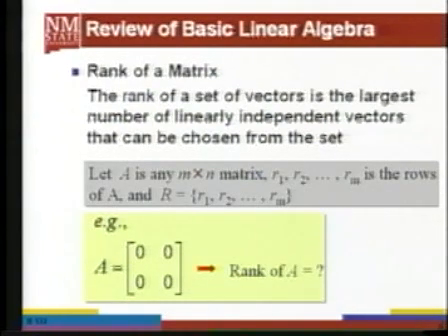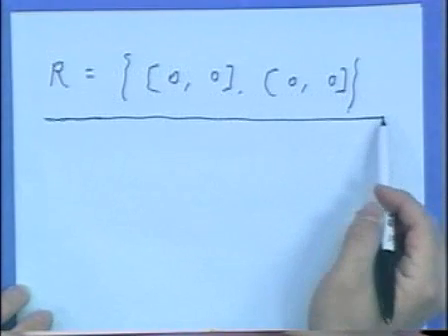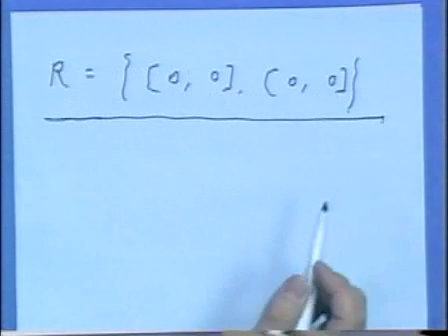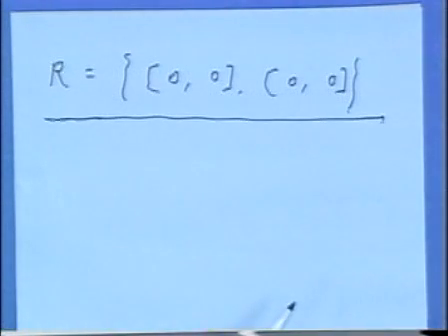So it is impossible to choose a subset of the R that is linearly independent, right?